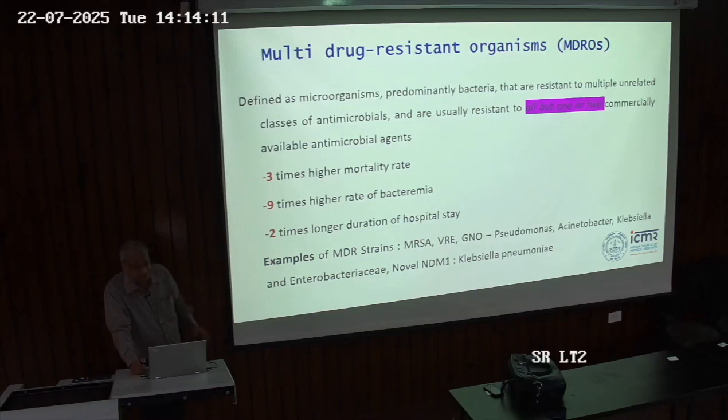It induces 3 times higher mortality rate, 9 times higher rate of bacteremia and 2 times longer duration of hospital stay. Examples of multi-drug resistant strains are MRSA, VRE, and gram-negative organisms. Important ones are Pseudomonas, Acinetobacter, Klebsiella, Enterobacteriaceae, and NDM-1 Klebsiella pneumoniae, which was detected in Delhi a few years back.